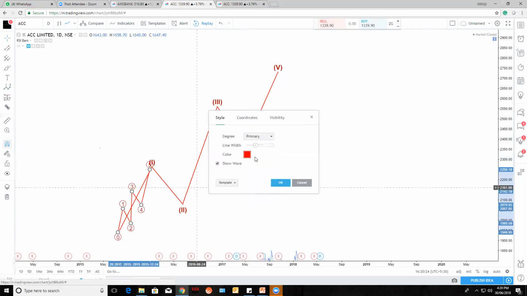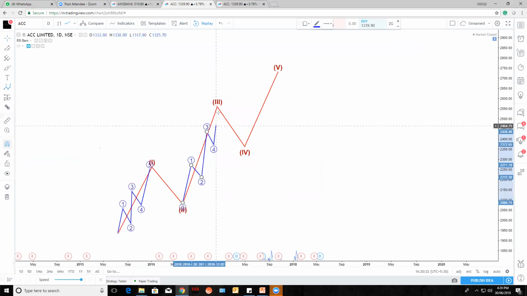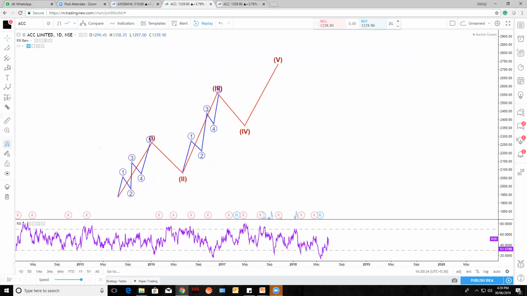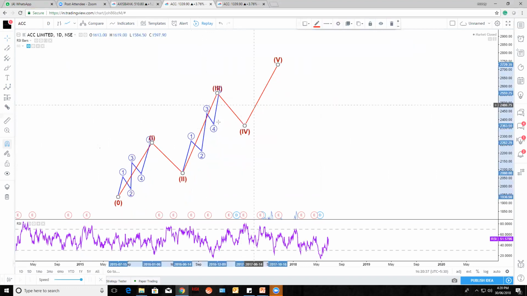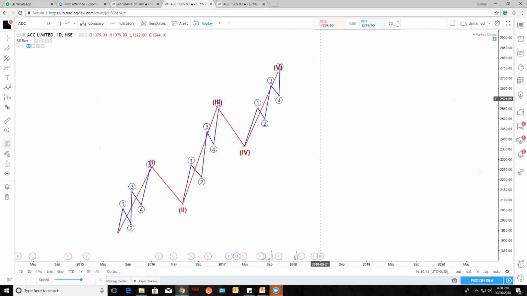That's a primary. So this is a primary cycle, and that is a super cycle. You know, for naming purpose, you need to use this. Okay, like this.